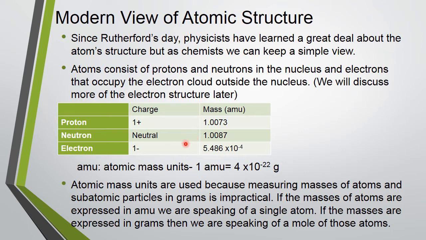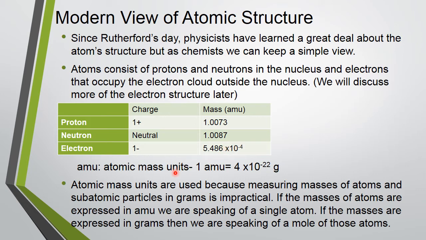And then our electrons, they are negative, and they have a mass of 5.486 times 10 to the negative 4. So that's 0.0005. So comparing that to these other ones, our electrons are very, very tiny compared to protons and neutrons. So tiny that they barely contribute any mass to our atoms.